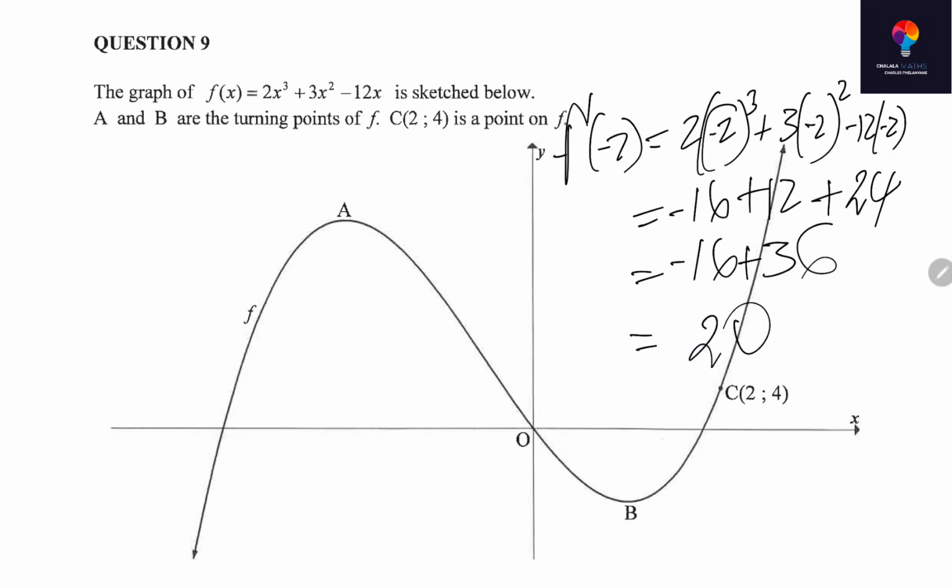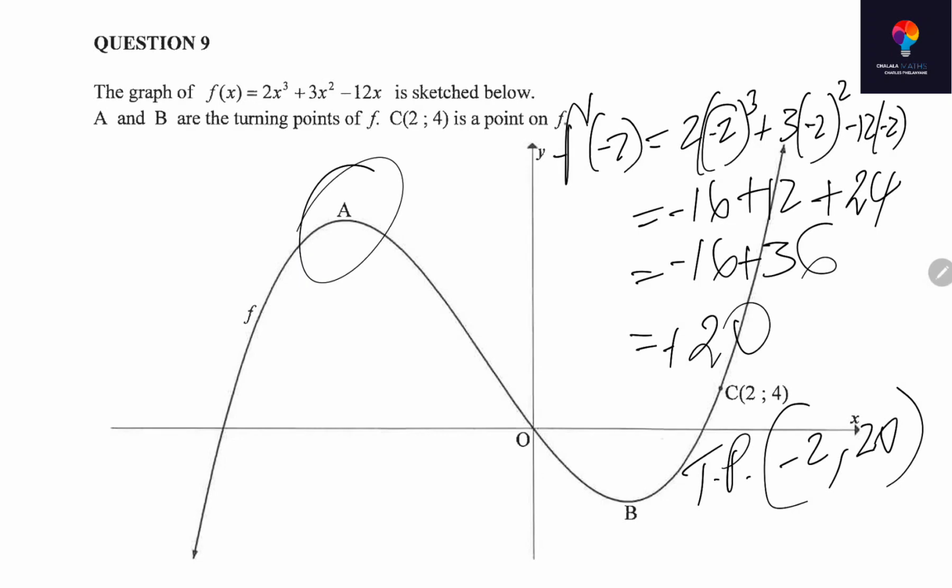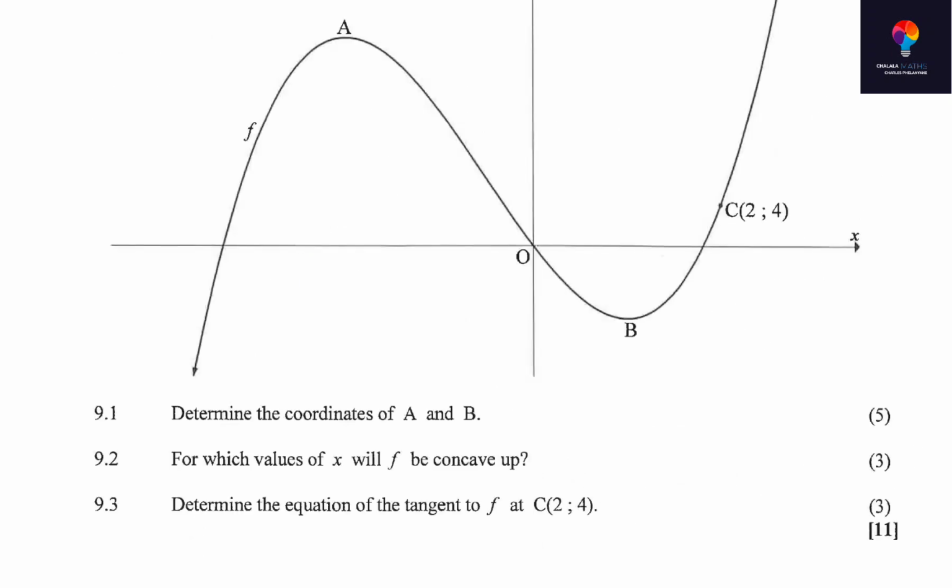We just say 36 minus 16 is 20. Which number is bigger? It's 36 and it's positive. We take the sign of that and we get 20. So the second turning point will give us minus 2 and 20. Okay? So that can be dedicated to point A.